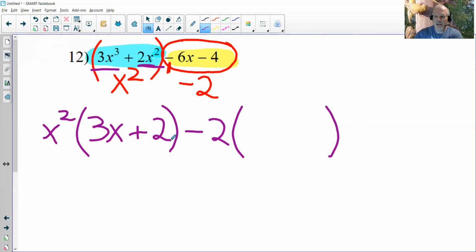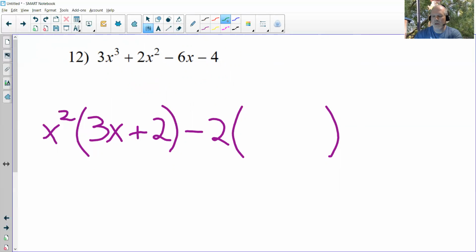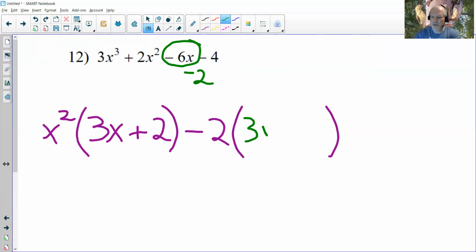Here's where it can be slightly tricky. So let me erase all this mess here so we can see it more clearly. Remember what we're factoring out here. We're factoring out a -2. So you're saying -2 times what equals this? Well, -2 times 3x equals -6x.